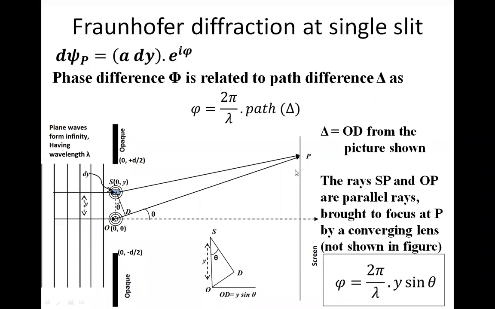All these things are with respect to some reference, no? That's why I am taking this OP as my reference ray, and with respect to this OP ray, I am going to calculate the SP ray, right? So for that reason, I am trying to calculate the path difference created between the two rays, as the phase phi of this S ray will be decided by the path difference delta.